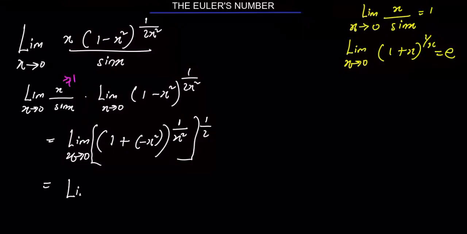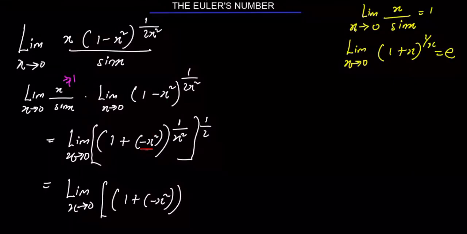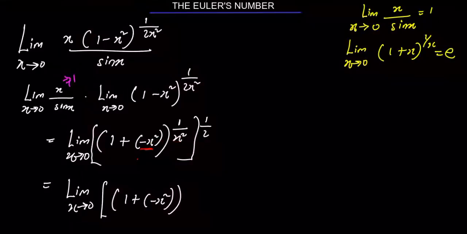Also, I can write this as 1 plus negative x squared. Remember that what I'm having here must exactly correspond to what I'm having here. This is x squared, and this is negative x squared, and this is x squared. So what can I do?